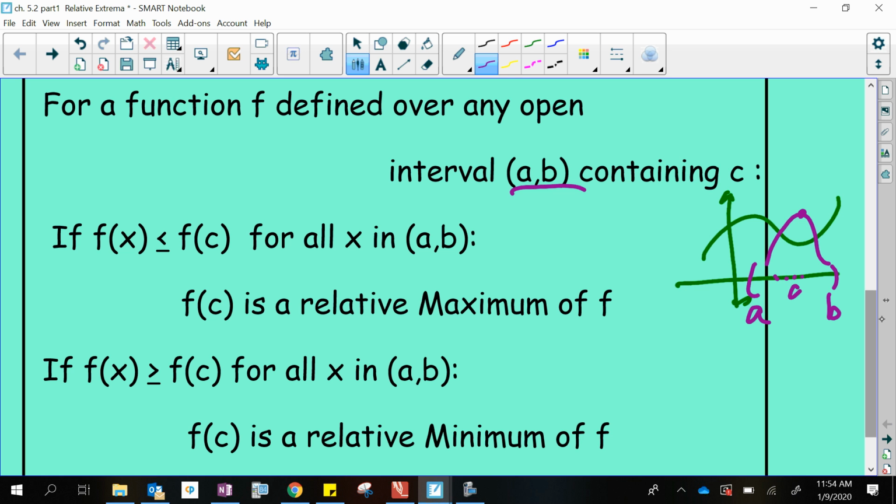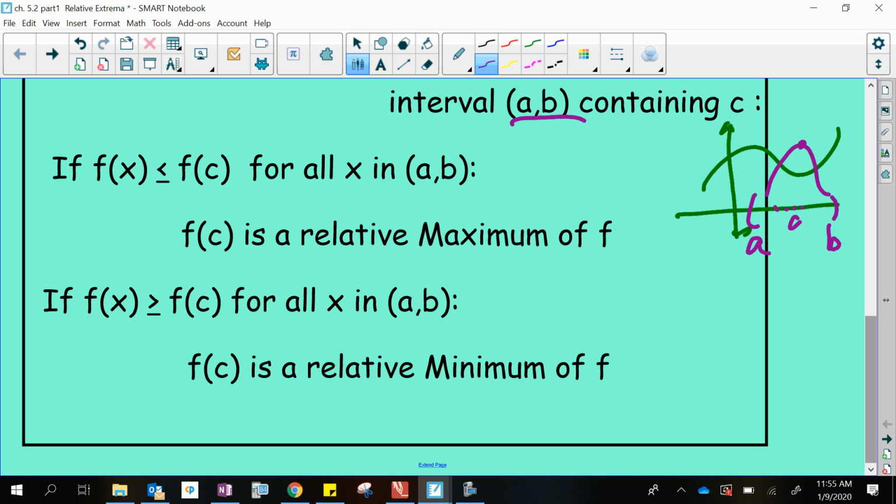The other statement says if f of x, meaning the y values for all the x's, is greater than f of c, the y value of c, then c is a relative min. That's just the technical jargon they use to define maxes and mins.